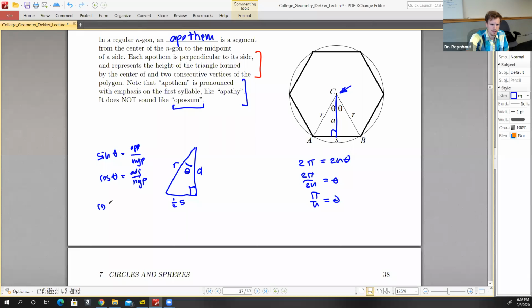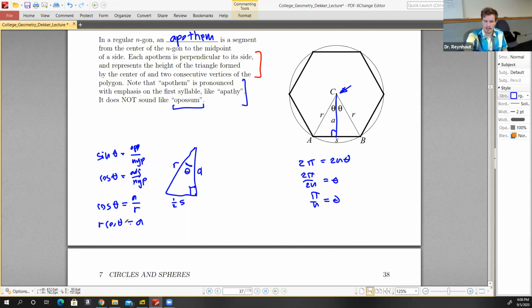So cosine of theta is equal to the adjacent, which is a, over the hypotenuse, which is r. Multiply both sides by r to get r times the cosine of theta is equal to a. Now we want a formula for a in terms of r and n, but of course we know what theta is.